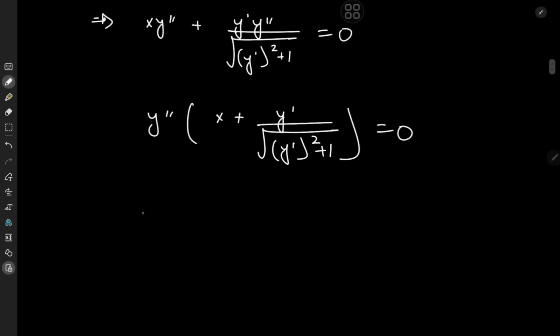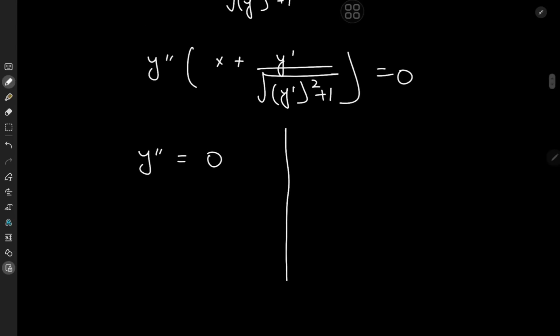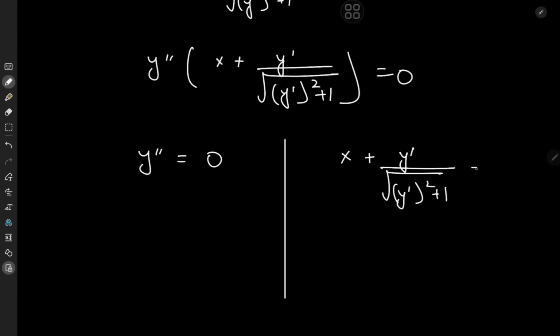This means that we either have y double prime equal to 0, or we have x plus y prime divided by root y prime squared plus 1 equal to 0. Now this case here is pretty simple.